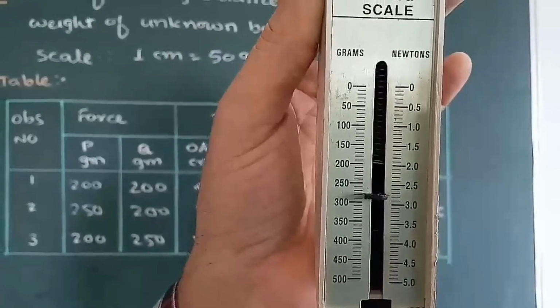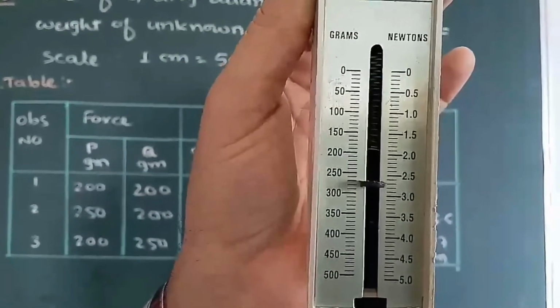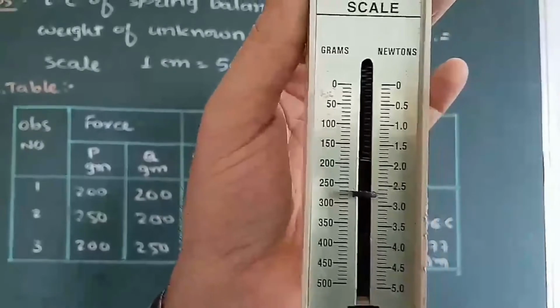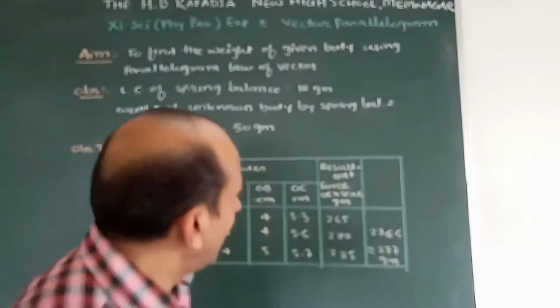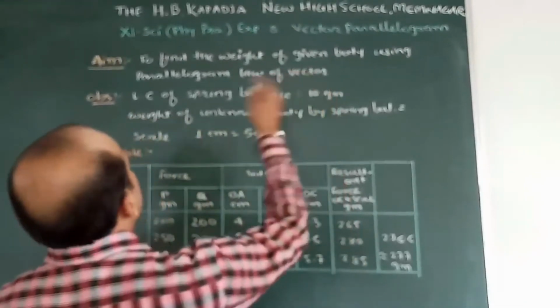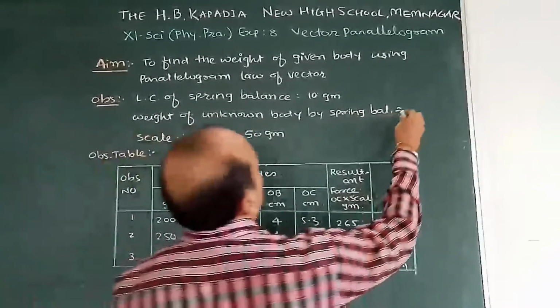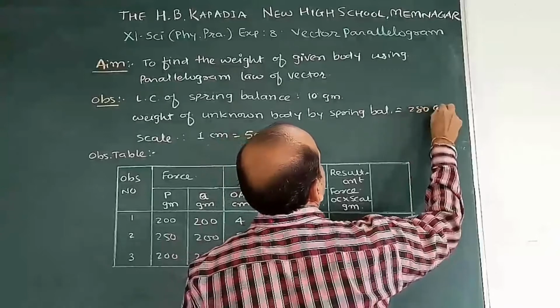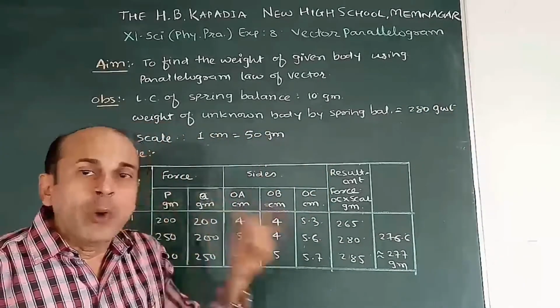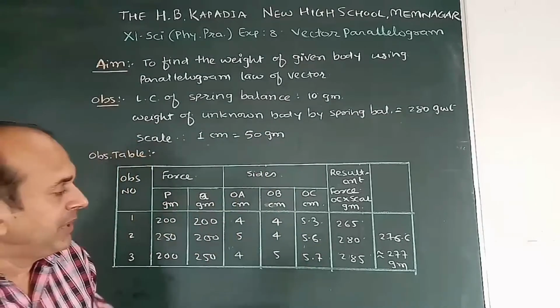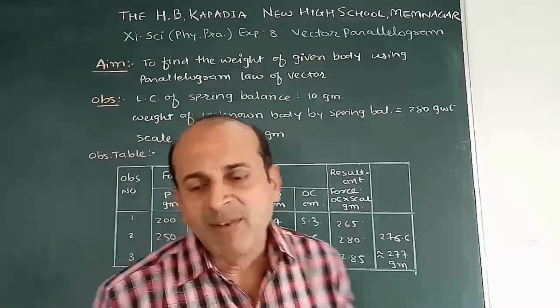The weight of this object using the spring balance is 280 gram weight. So our reading is quite close. The weight of the object is 280 gram weight, where the weight obtained by the vector law of parallelogram is 277 gram weight.